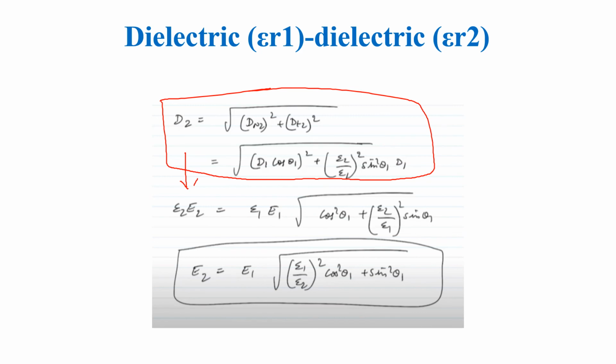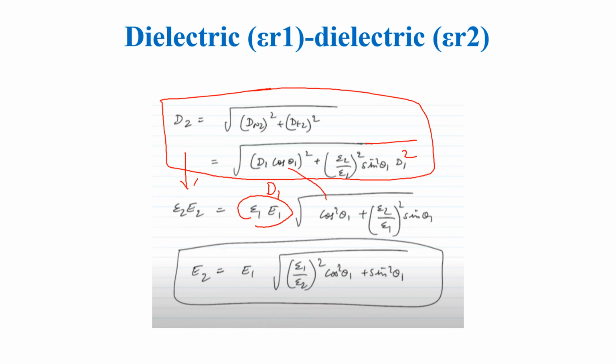D1 square is there on one side, and here also. So we can take D1 square out of both terms, and D1 is epsilon 1 E1. So D1 taken outside the square root becomes epsilon 1 E1.